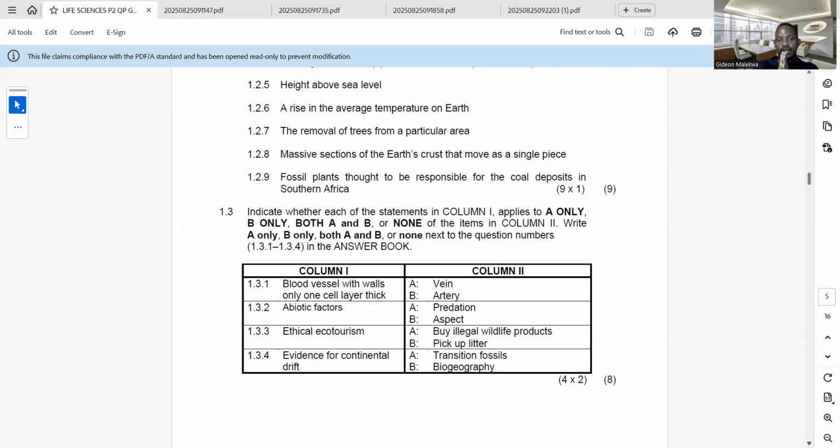The reason why they are thin is because they need to allow the diffusion of substances from one side to another. To be specific, from the body tissues, there is diffusion of carbon dioxide as well as waste products into the capillaries so that they can be transported to the heart and to the lungs.